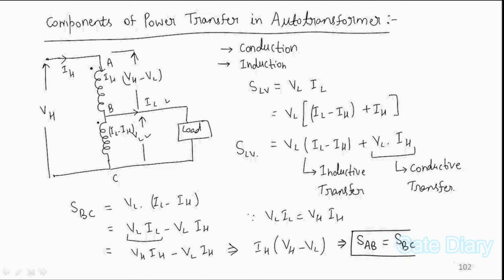One conclusion. Now you can find the ratio of S conductive by S total. Then you will get to know how much power you are getting from conduction and what percentage of power you are getting from induction. How to calculate?